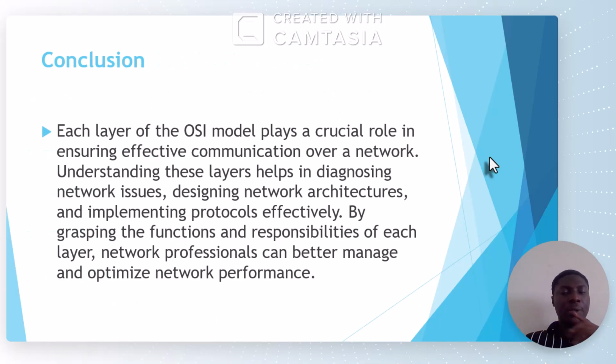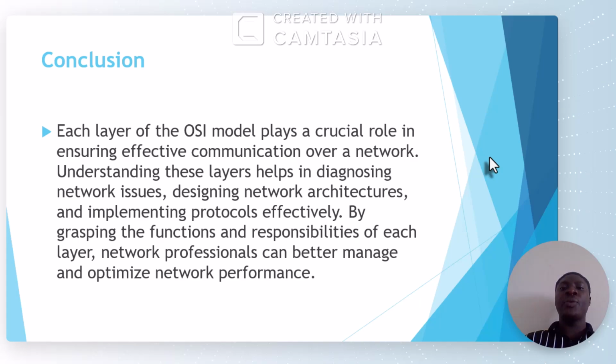In conclusion, I hope we all understand what the 7 layers of the OSI model are. Each layer of the OSI model plays a crucial role in ensuring effective communication over a network.